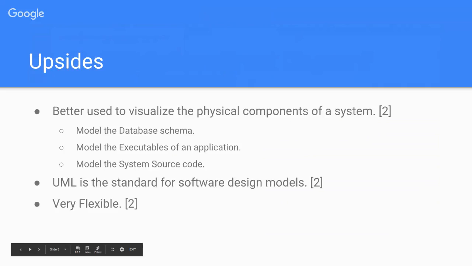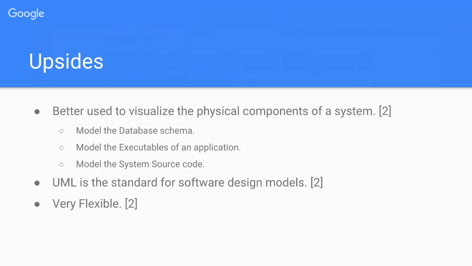Alrighty, so I'm going to go ahead and talk about the upsides of a UML component diagram. The component diagram is a special kind of diagram in UML. The purpose is also different from all other diagrams discussed so far. It does not describe the functionality of the system, but it describes the components used to make those functionalities.